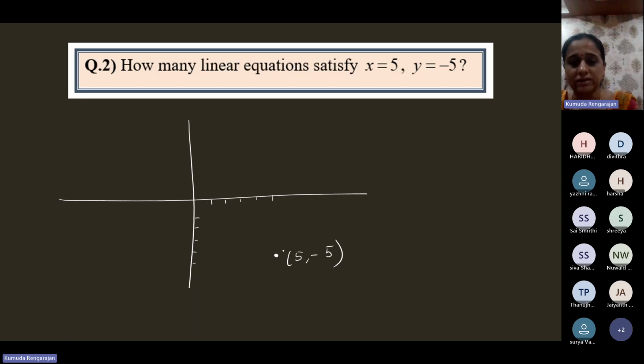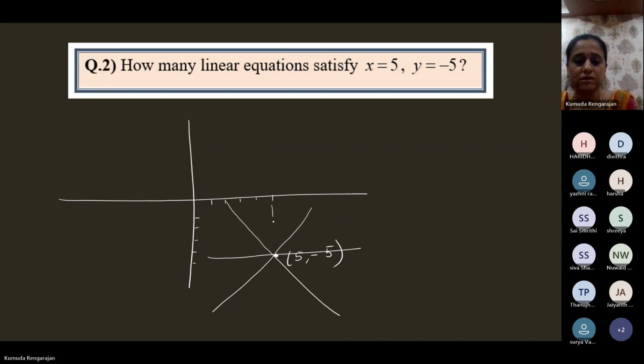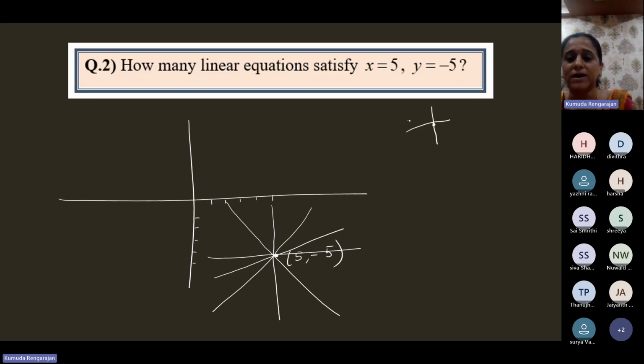Now, we know that there are infinitely many lines that can be drawn passing through a given point. So through this point, there are infinitely many lines passing, because we know for a fact that given one point, there are infinitely many lines passing through that point.